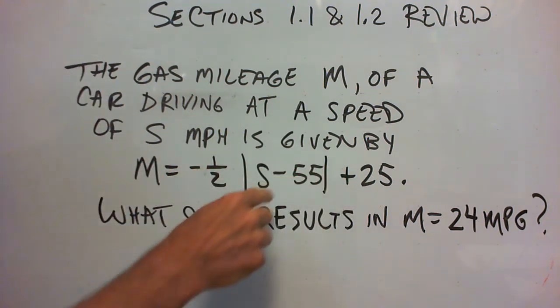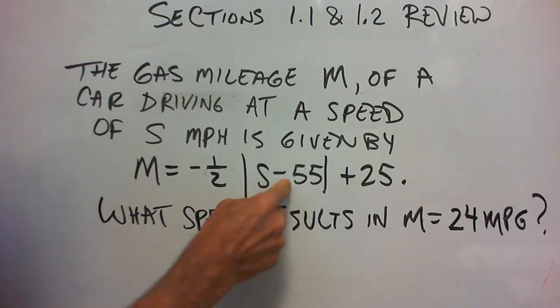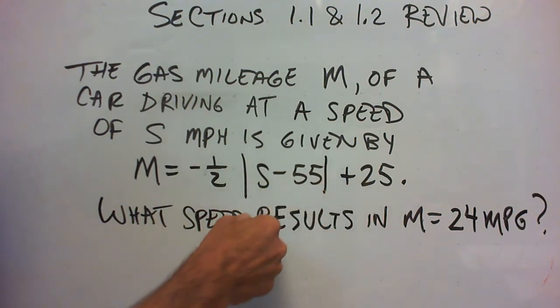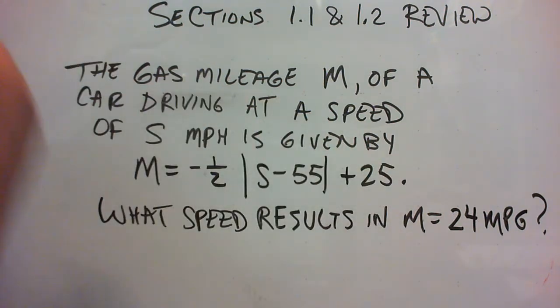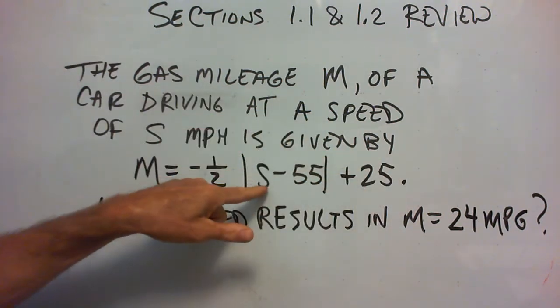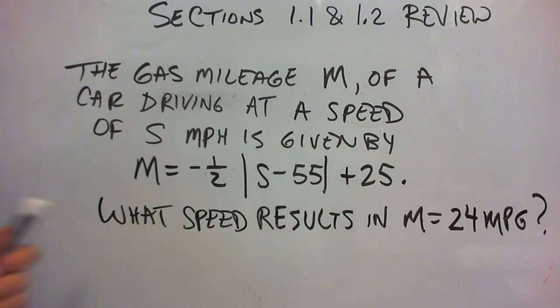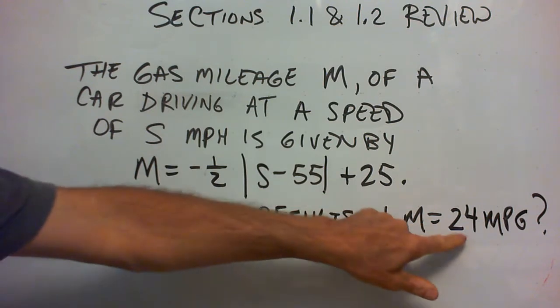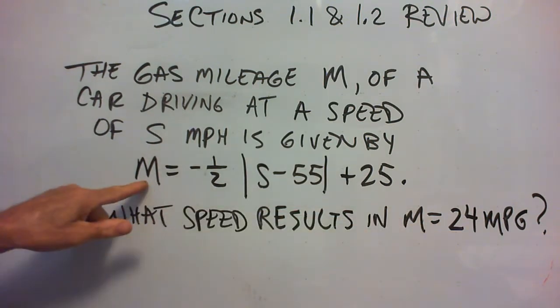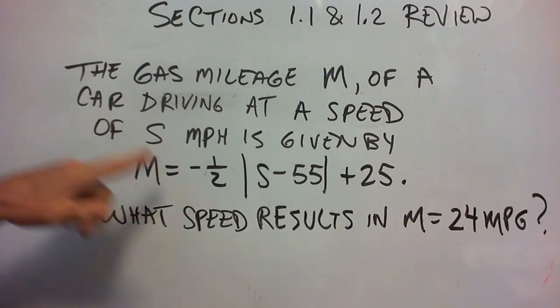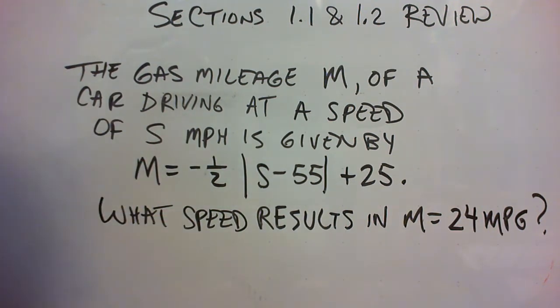If you're going a little less than 55, you'll subtract. If you're going a little bit more than 55, you'll subtract the same amount. So there's like a range around 25, and the absolute value accounts for the two different speeds that will give you this gas mileage. So what you have to do here is plug in 24 for M and solve the absolute value equation.